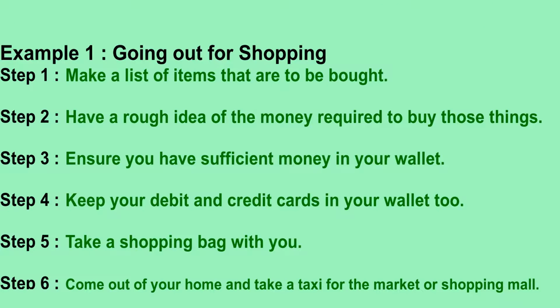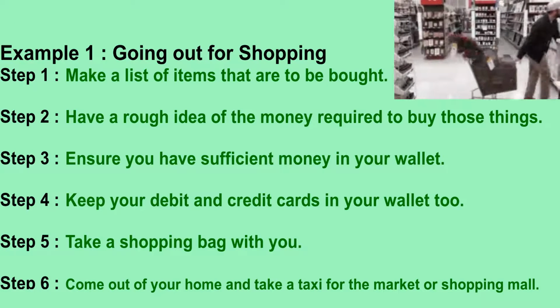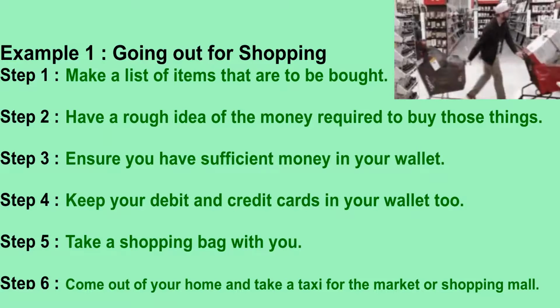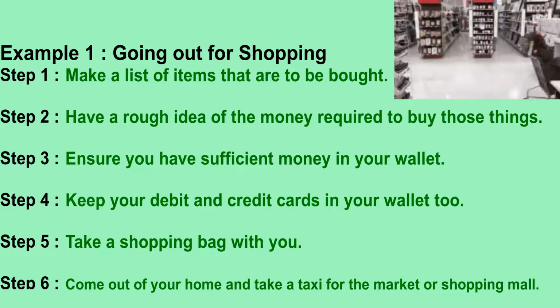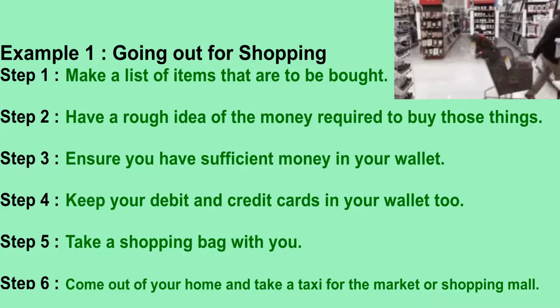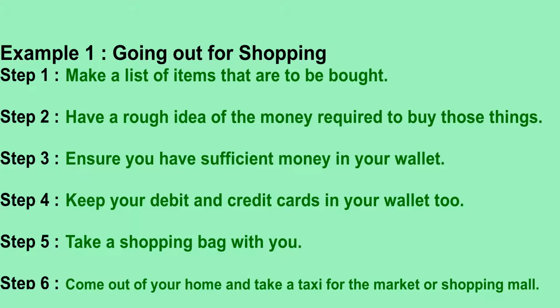See the example, going out for shopping. In this example, we have 6 instructions and our specific task is going for shopping. Step 1. Make a list of items that are to be bought. Step 2. Have a rough idea of money required to buy those things.